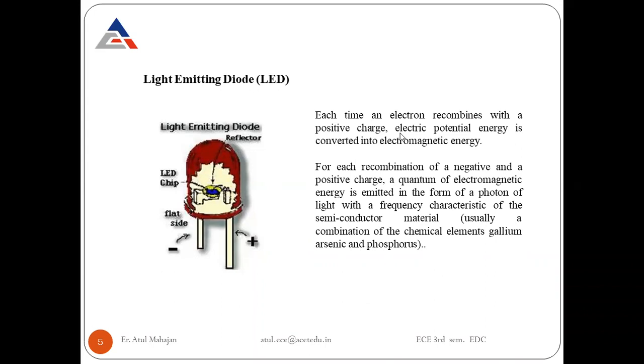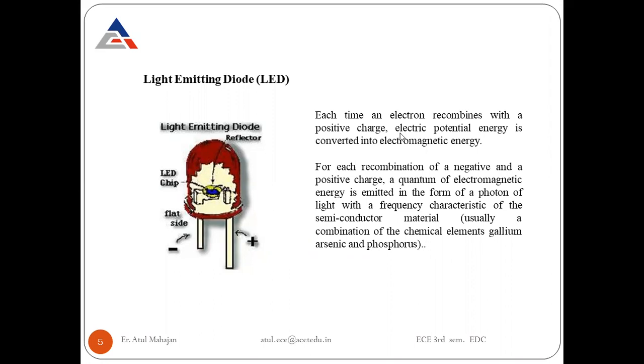For each recombination of a negative and a positive charge, a quantum of electromagnetic energy is produced in the form of photons. So whenever there is a recombination of what? Recombination of electrons and holes.